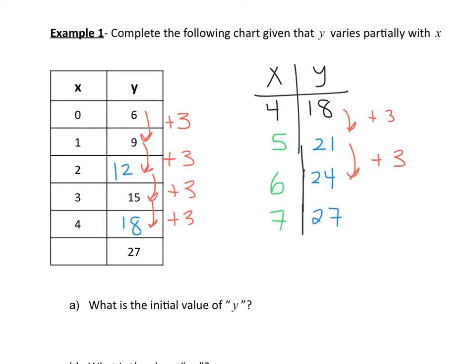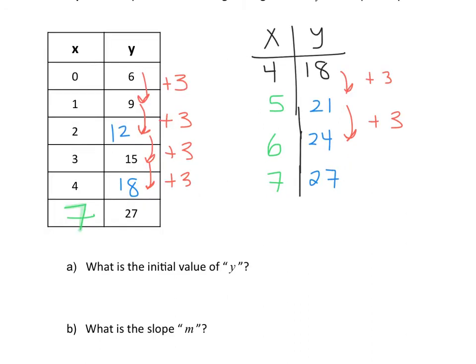Oh, and there it is. 27 in my y column is the value that they ended our table of values with. And I can see from my own charting and calculations that the corresponding x value to go along with 27 should actually really be a 7. So I'm going to fill in a 7 in my x column.